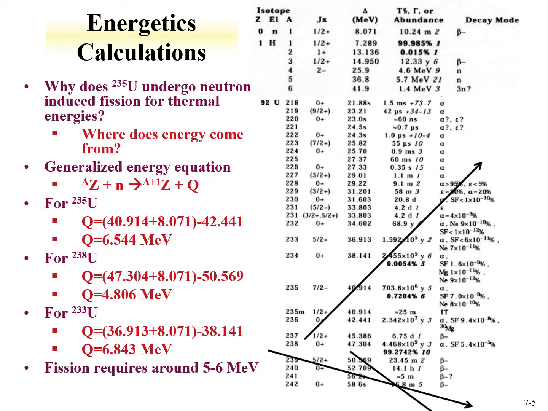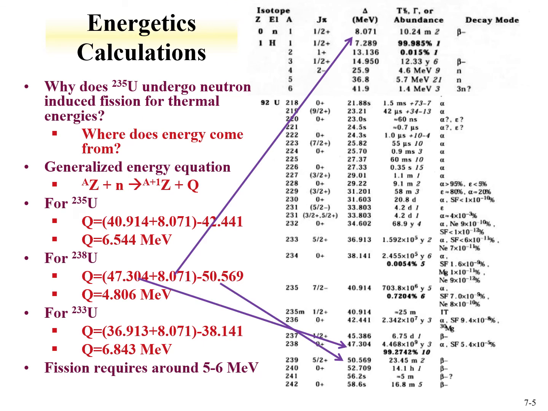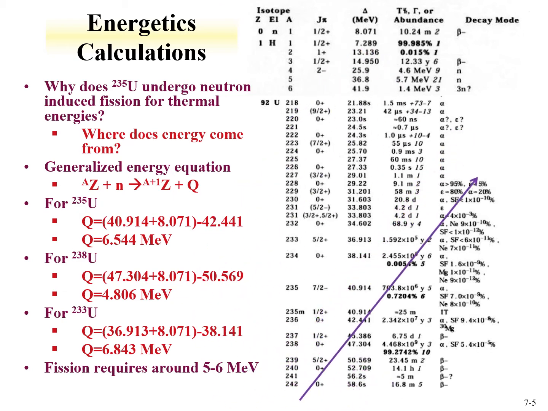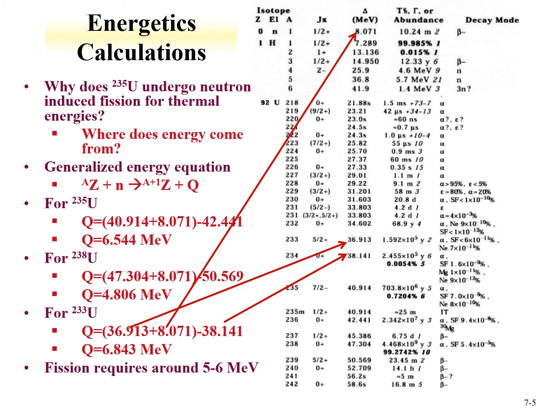For uranium-238, the data shown here give the mass excess of uranium-238, the mass excess of uranium-239, and the mass excess of the neutron, giving us a Q value of 4.8 MeV. And then for uranium-233, the mass excesses are shown here, again for uranium-233, the neutron, and uranium-234.